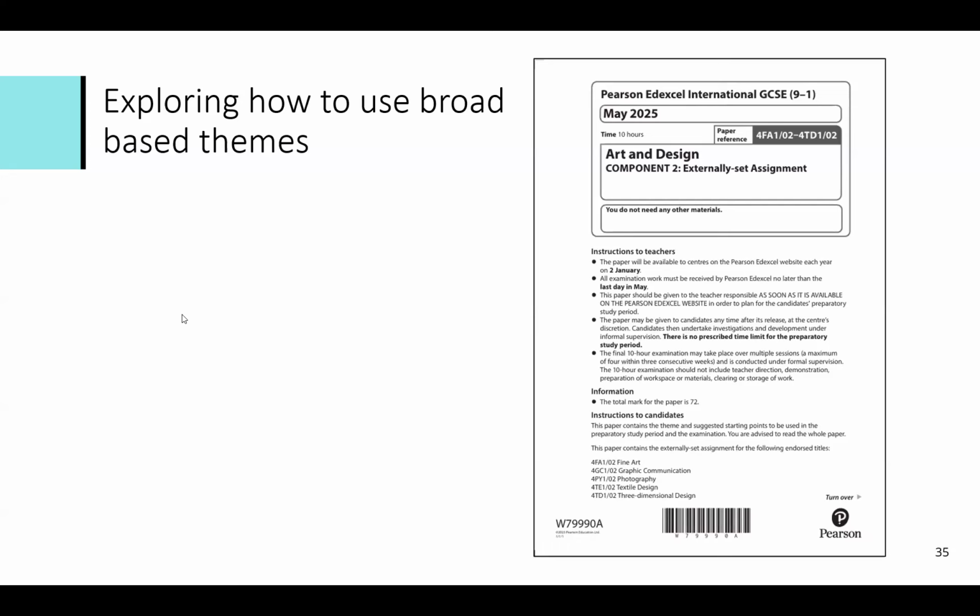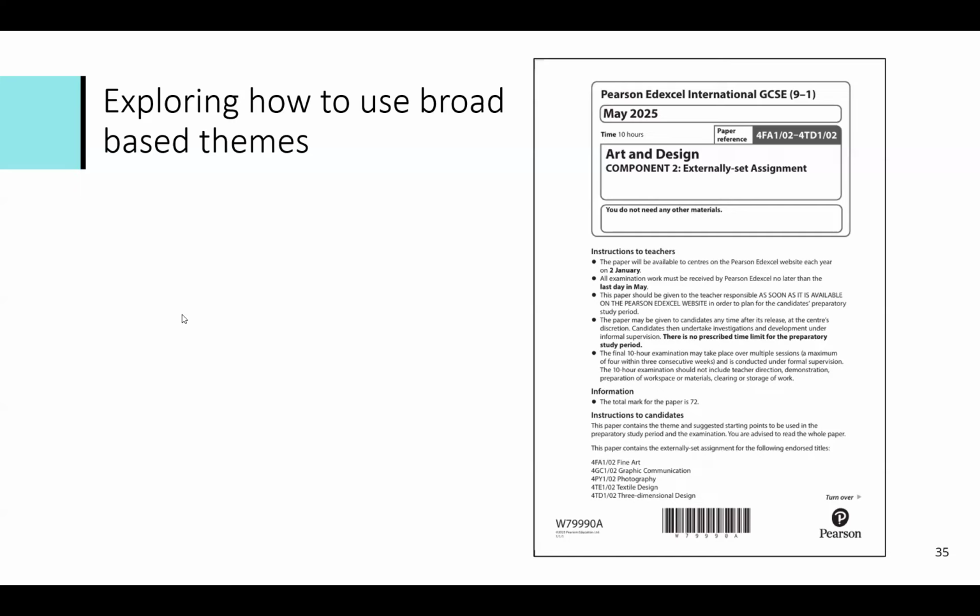You'll all have seen this year's exam paper and will see that we provide a visually engaging and accessible externally set assignment for Component 2 with a broad-based theme, as we've got, intertwined this year, which I'm sure you've all probably started working on.